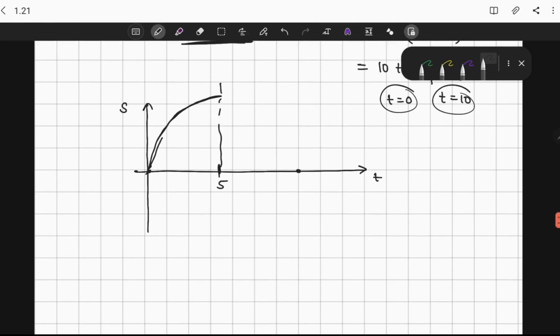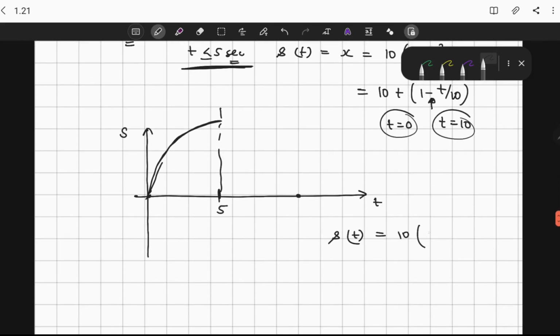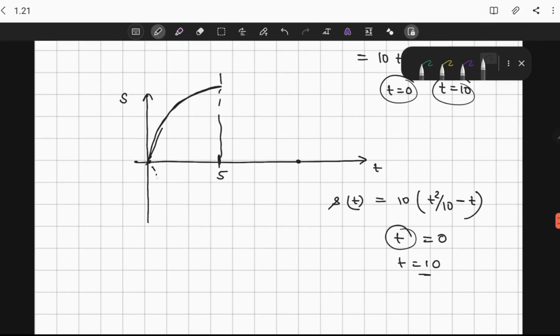And the next expression for the displacement, we are having it as st equal to 10 times (t square by 10 minus t). Okay, and for this particular expression we know the roots, again t equal to 0 and t equal to 10, but it is an upward parabola, so the parabola will look like this.